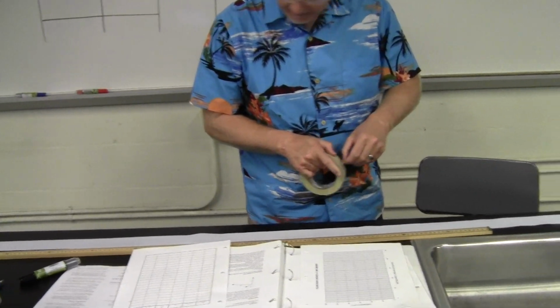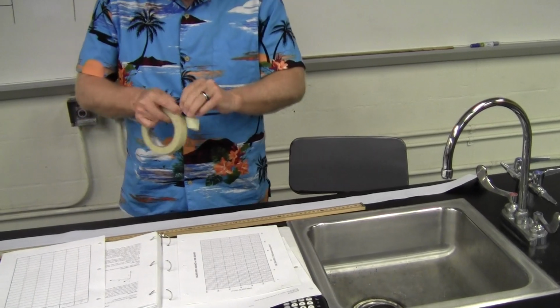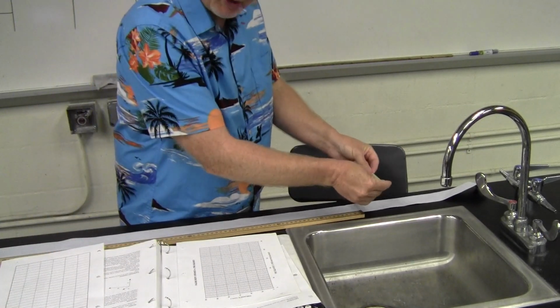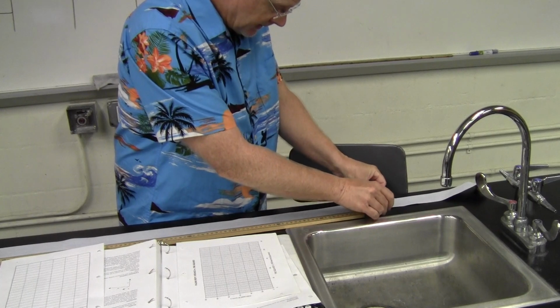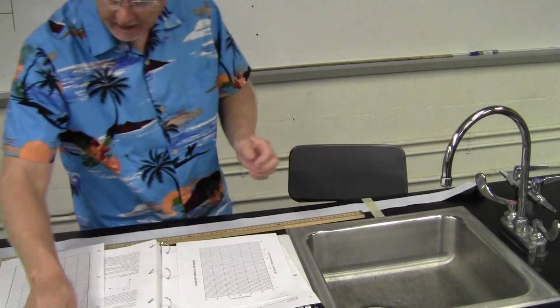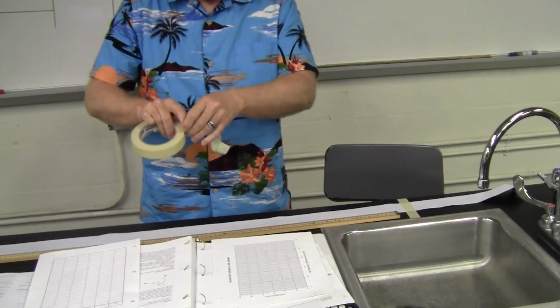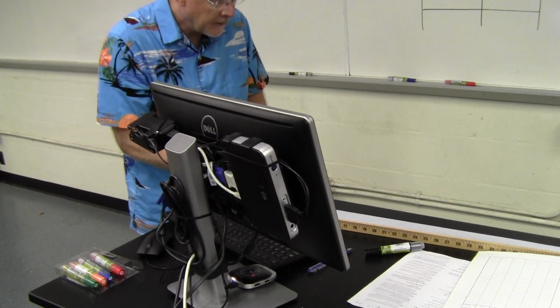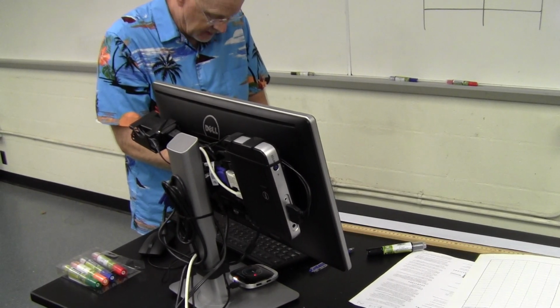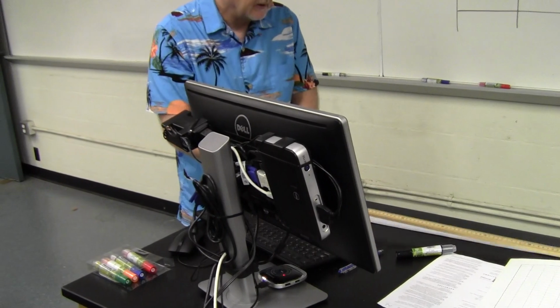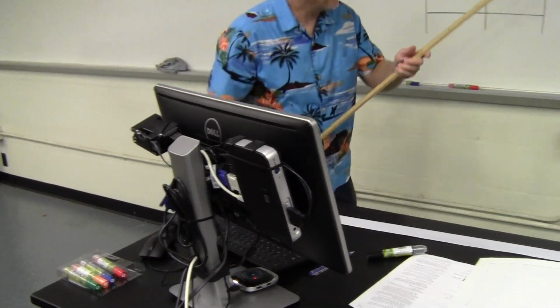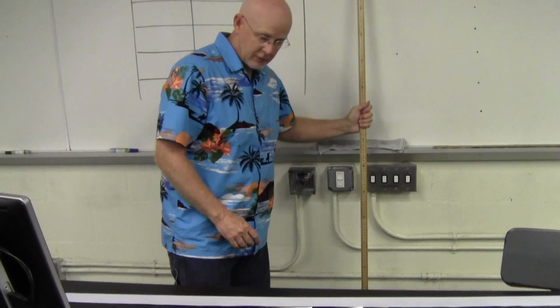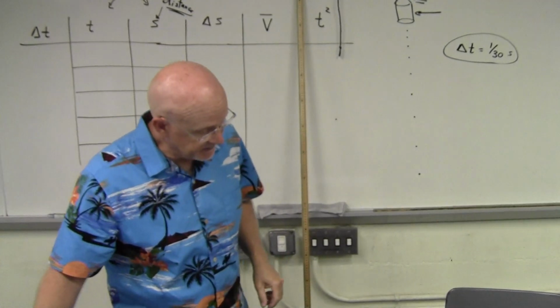To keep me from knocking the spark tape around, I'm going to go ahead and tape both ends here. Get it straight. Okay, and I'll use the 2-meter stick here in a moment.